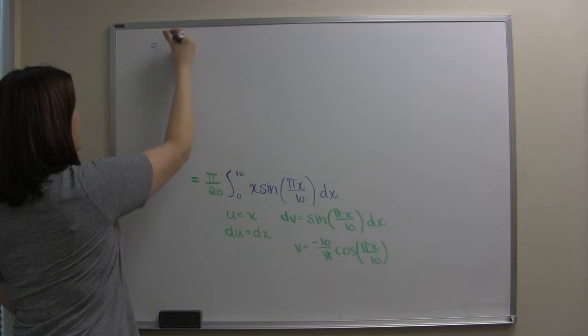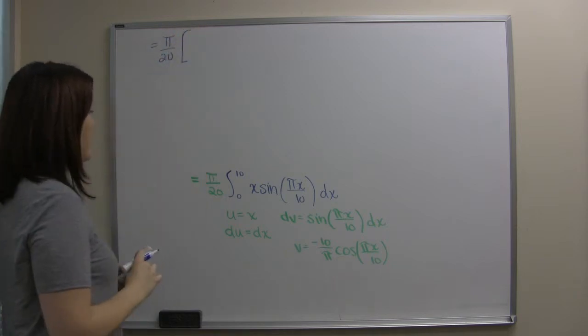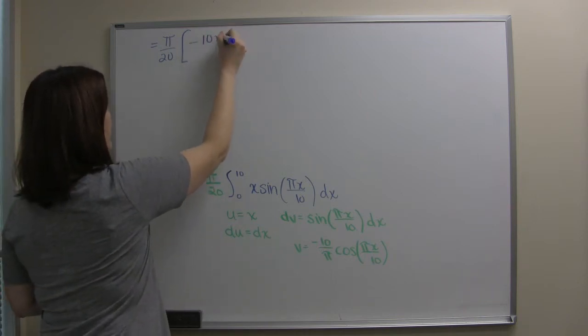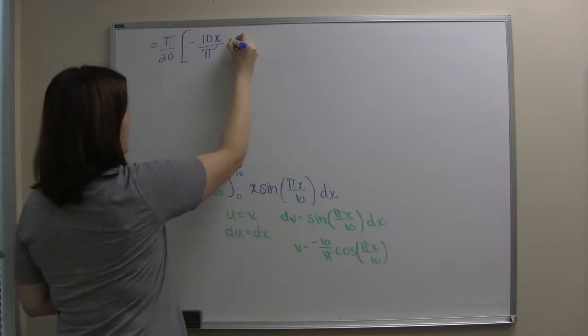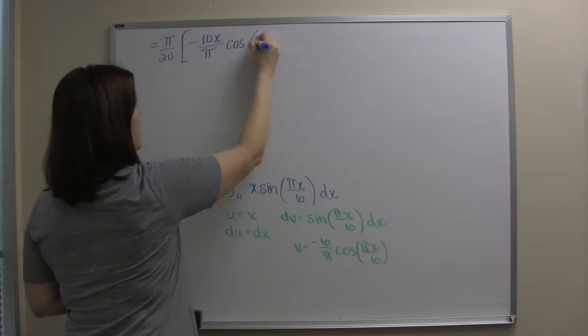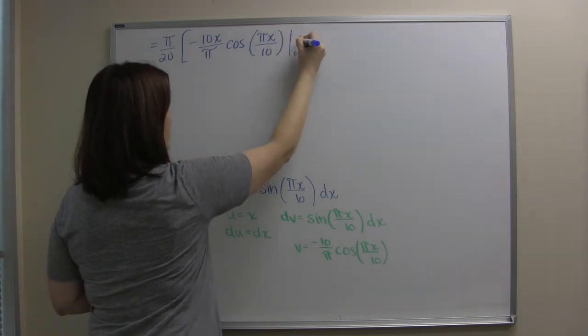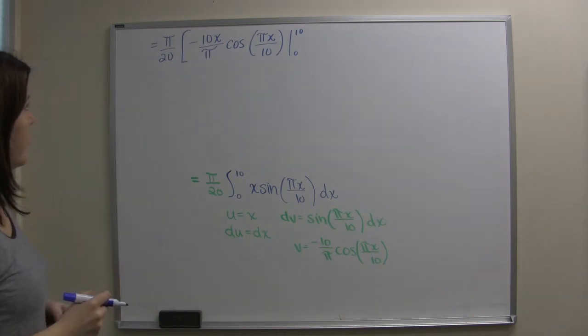So we have our constant pi over 20 still kind of hanging out over here. And it's going to look like I'm going to have negative 10x over pi, u and v, cosine of pi x over 10 evaluated from 0 to 10. And then the second part, my integral minus my integral of v du.